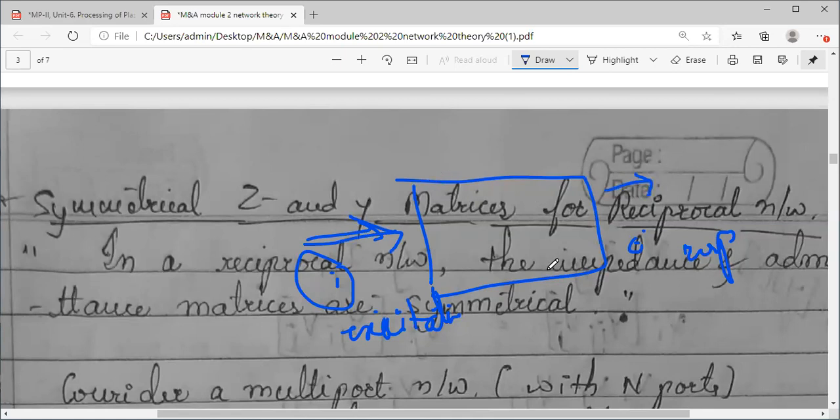You have some analysis, maybe some output, maybe some parameters you identify. Now, when the ports get exchanged, when you give the excitation at this port and observe the response here, the characteristics will remain the same. Whatever you analyzed the first time in the circuit, the characteristics of the circuit will remain the same if you exchange. That is the meaning of a reciprocal network.